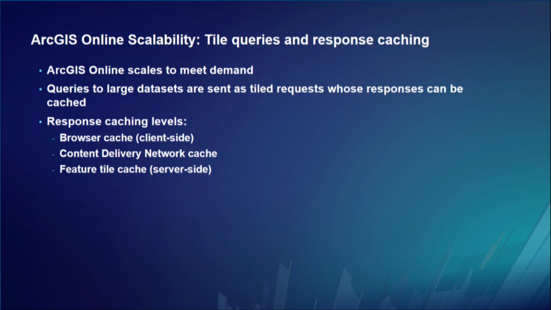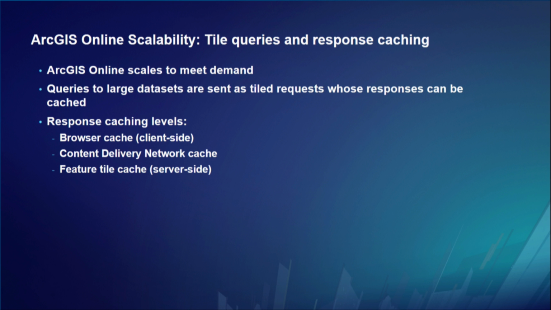These tile queries and the response caching really help ArcGIS Online efficiently store these requests and help these complex vector data sets be easily retrieved without putting unnecessary load on the servers or on the underlying database. We have different levels of response caching.